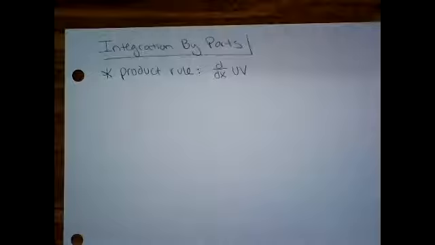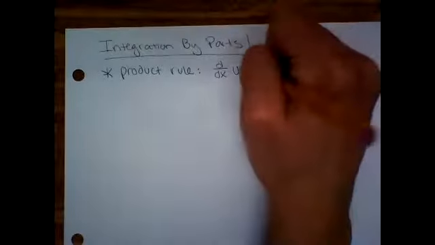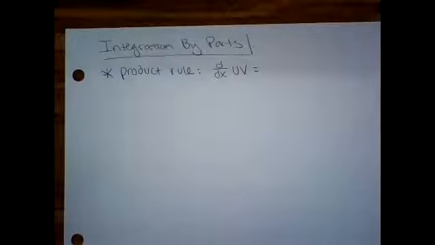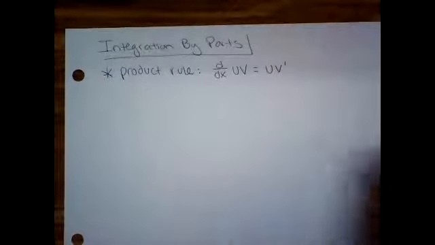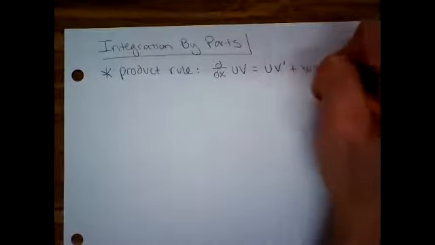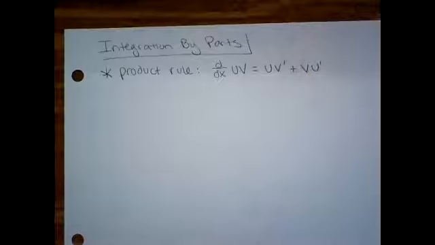Just make sure your u's are real curly and your v's are real pointy so you can tell the difference between them. But what is your product rule? It's the first thing times the derivative of the second plus the second times the derivative of the first. So that would be u times v prime plus v times u prime.